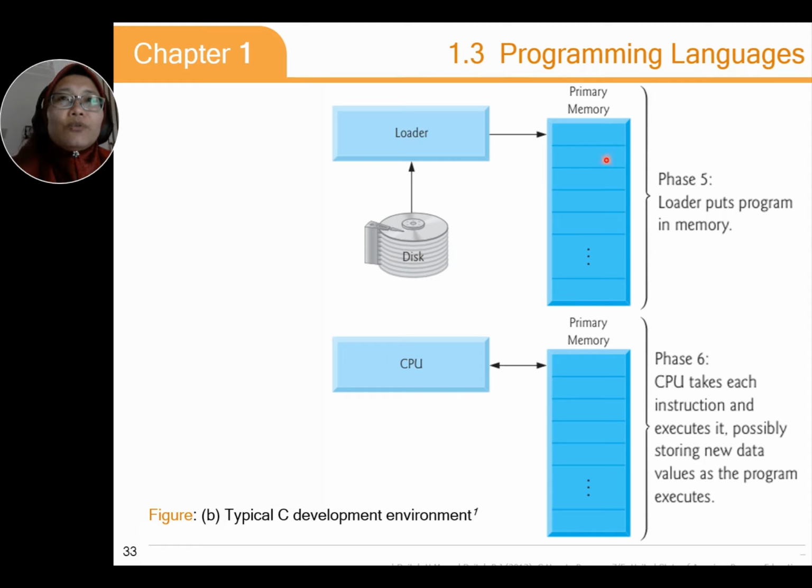It loads from the disk into the primary memory. Then phase 6, with the double-headed arrow: the CPU takes each instruction and executes it, possibly storing new data values as the program executes. It will take each instruction from primary memory and process it.